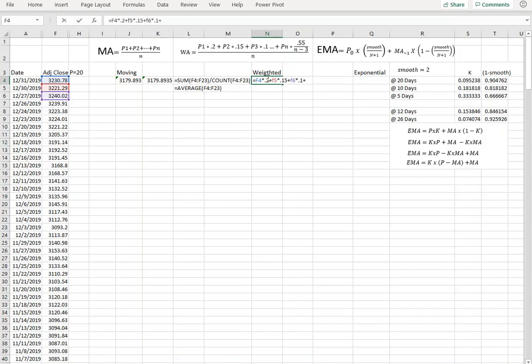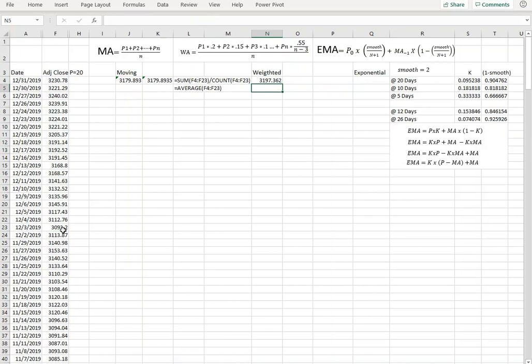And then lastly, what we're going to do here is take the average of the remaining 17 days and then multiply those times the remaining amount, which is 0.55.